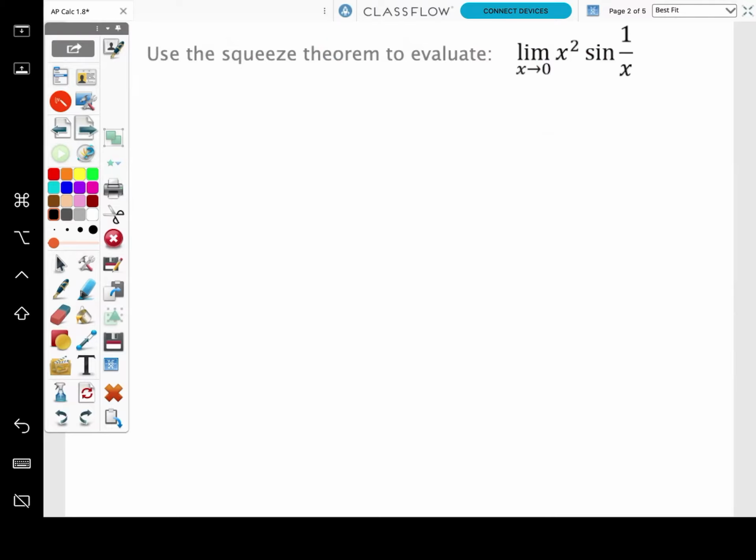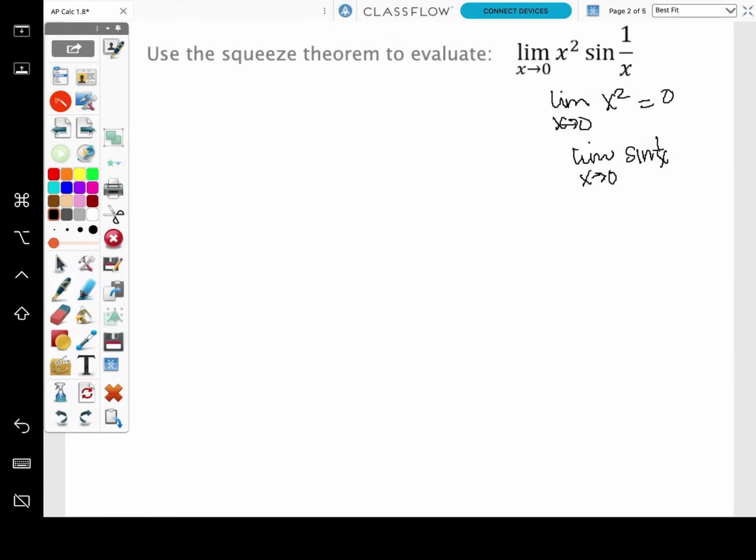We're going to evaluate this limit here. We have the limit as x approaches 0 of x squared times sine of 1 over x. And this would be totally cool if we could just take the limit as x approaches 0 of x squared, we know that is 0, and the limit as x approaches 0 of sine 1 over x, and multiply those if that were possible.